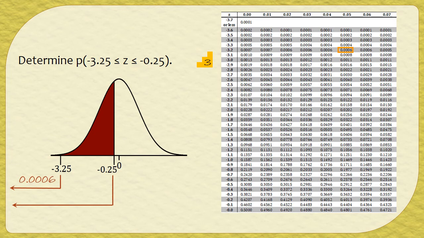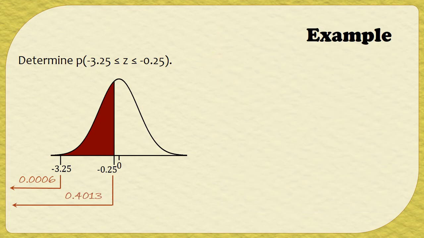That is extremely small, right? This is 0.06%. So not 6%, 0.06%, super tiny. When I look up negative 0.25, we end up with 0.4013. So I'll write 0.4013.